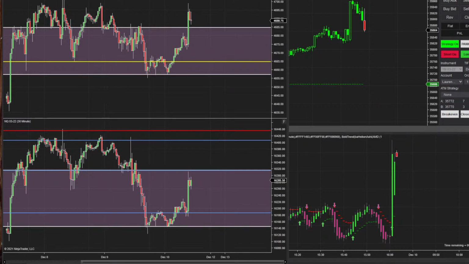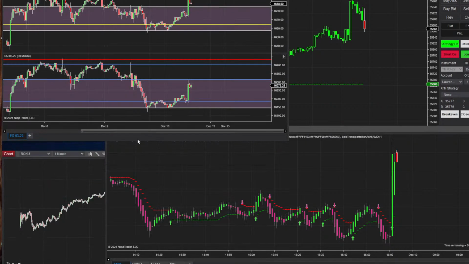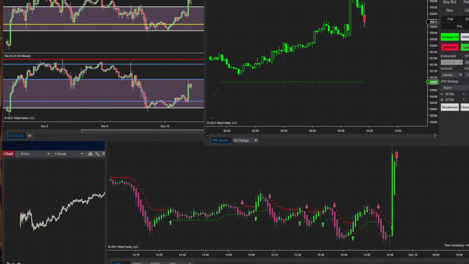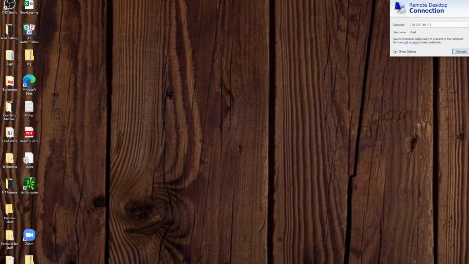All right, let me minimize this swing. So these are the zones for today. So we will see if we leave them anytime soon. I'm just going to keep my P&L box at the top. I need to make this smaller.